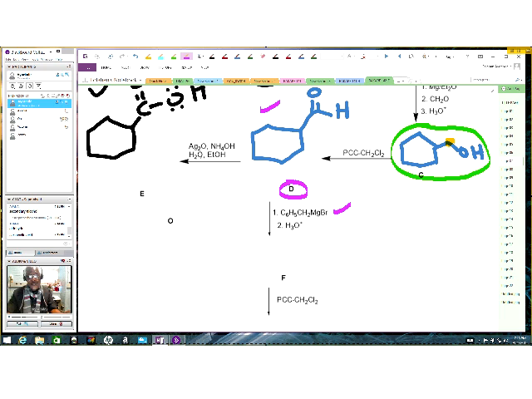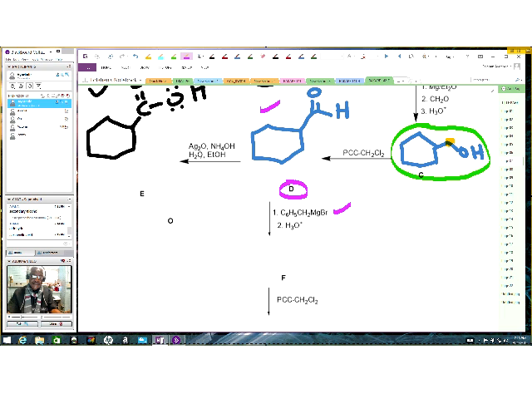So in this case, we are starting with an aldehyde, and we are reacting with a Grignard reagent. What type of product are you going to get here? We know that we are going to get an alcohol. Is it going to be a secondary alcohol or a primary alcohol?